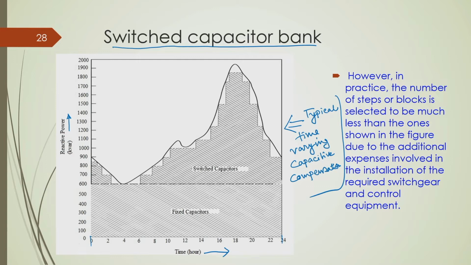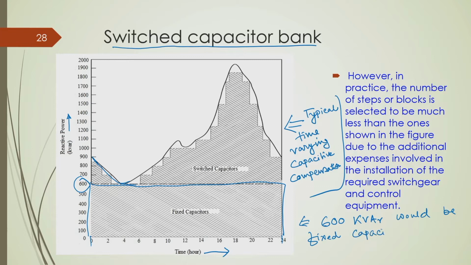So, you see that during this period, when load is very light, only some fixed capacitive compensation will be there throughout the day, and that means up to 600 kVAr would be fixed capacitive compensation.